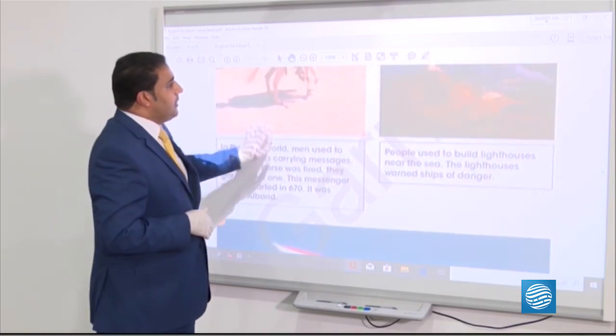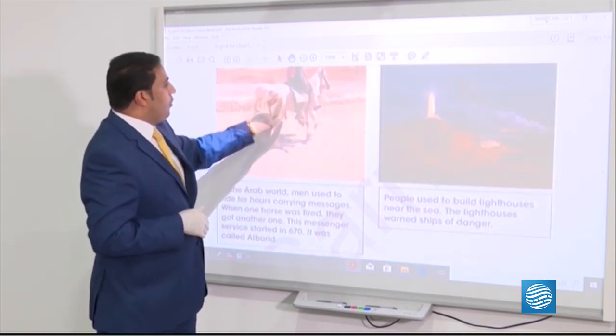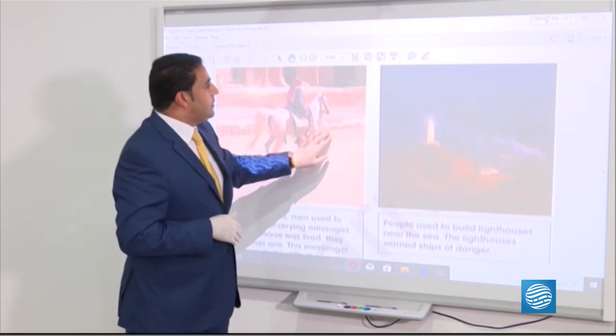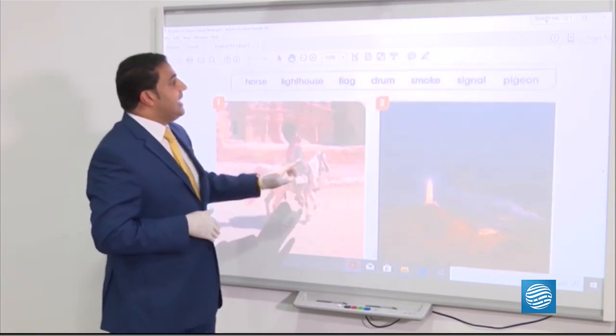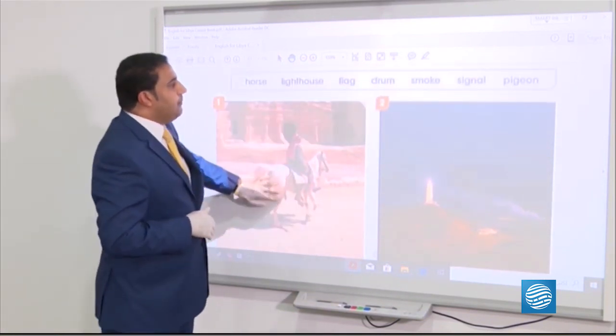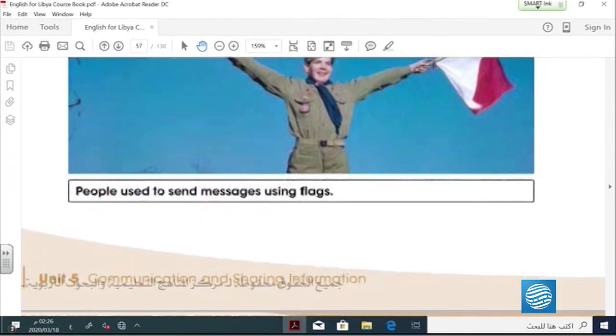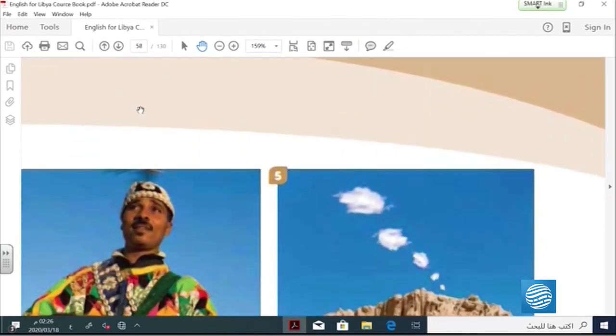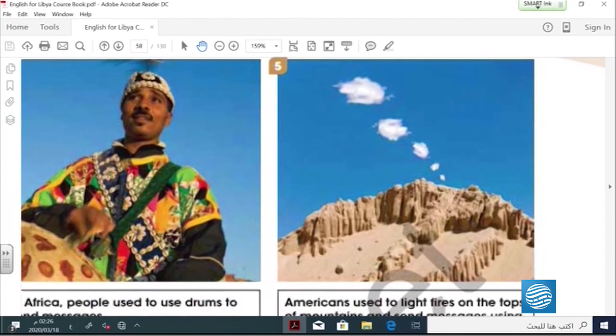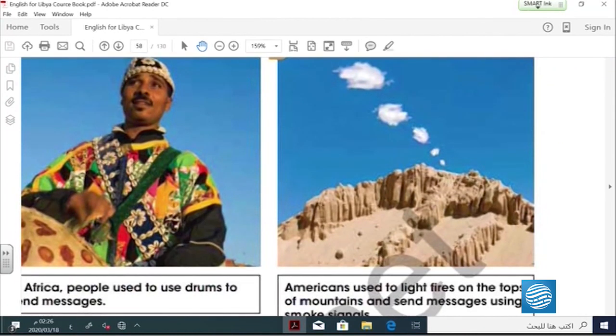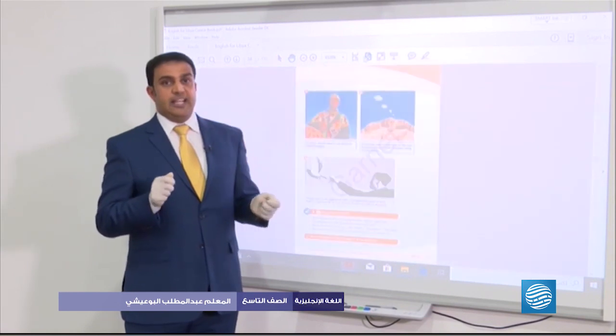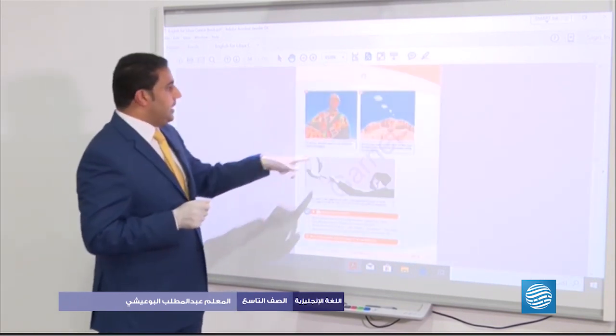Okay, the other word: so we have here horse, lighthouse, flag, and also we have drum. The other page, we have the drums. The drums are, as we see before, used to drum and to announce that there's something to say. الإعلان. They use drums, okay?